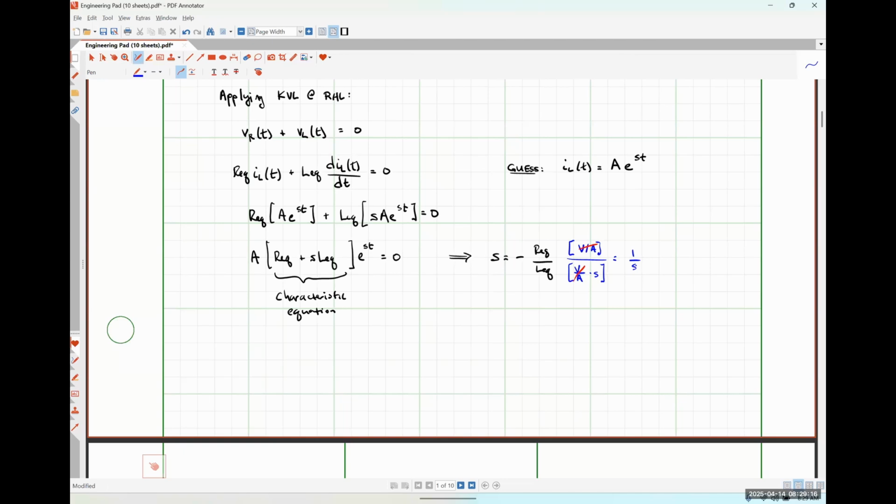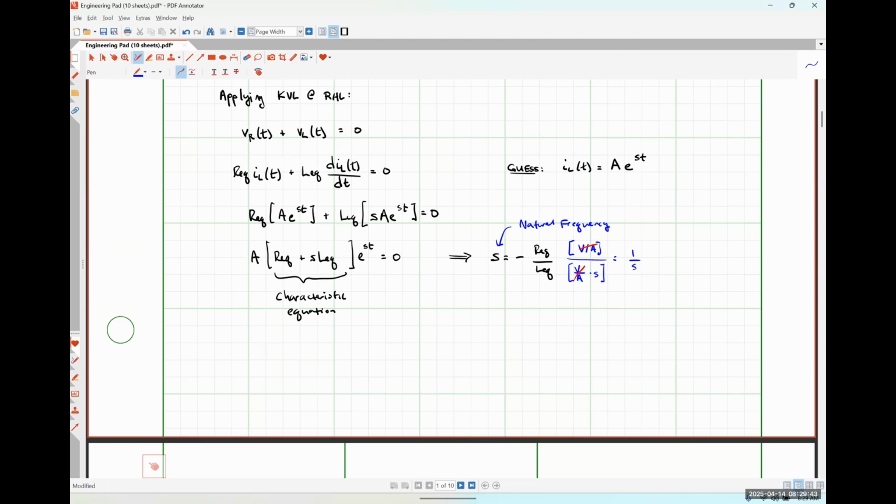And 1 over seconds is more commonly referred to as the unit hertz, okay? Where hertz is what we use to describe frequencies. So this S is equal to negative REQ over LEQ is what's called the natural frequency for this system, okay?